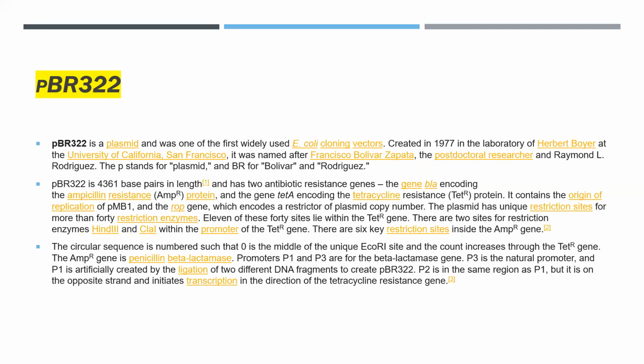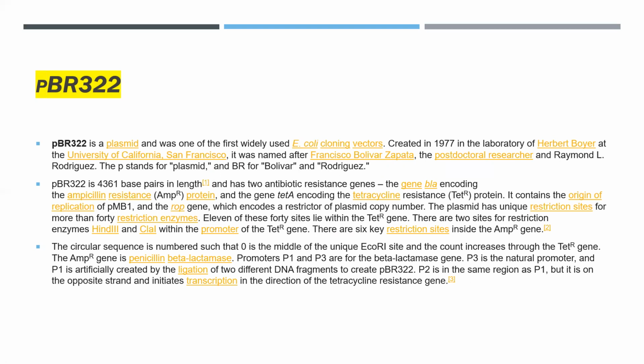pBR322 is a plasmid and was one of the first widely used E. coli cloning vectors. Created in 1977 in the laboratory of Herbert Boyer at the University of California, San Francisco.